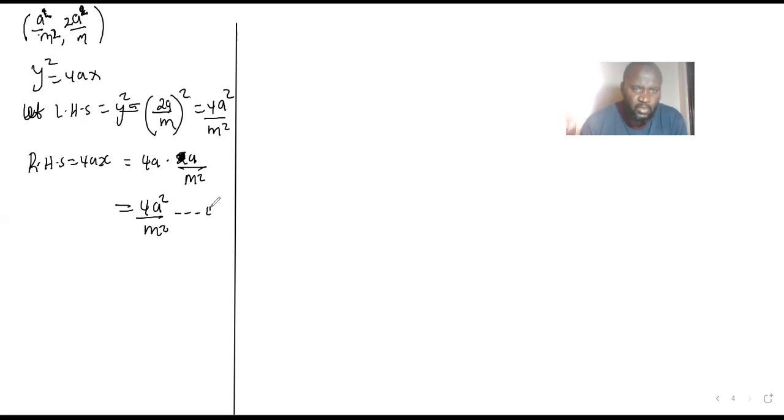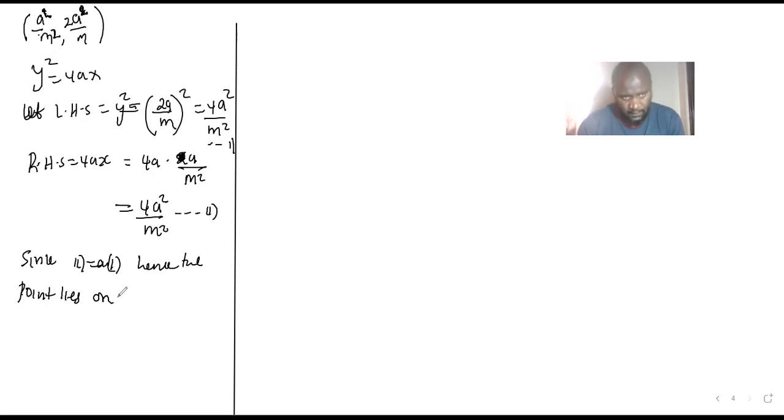So since equation 2 is equal to equation 1, hence the point satisfies the equation of the parabola, hence that point lies on the parabola.